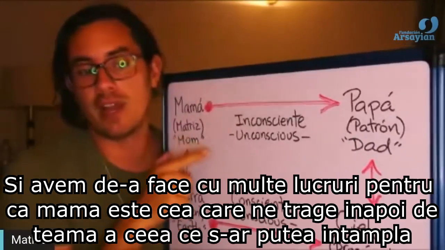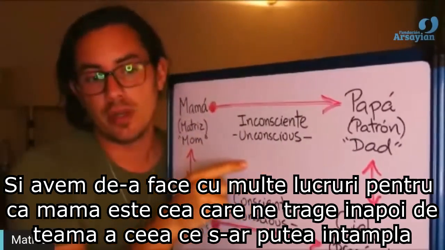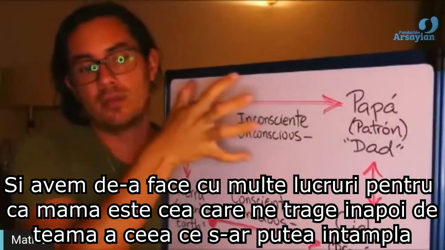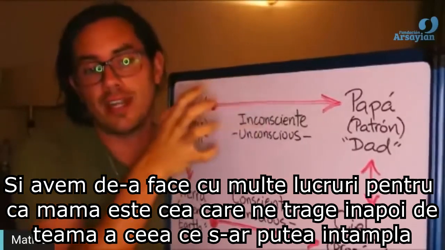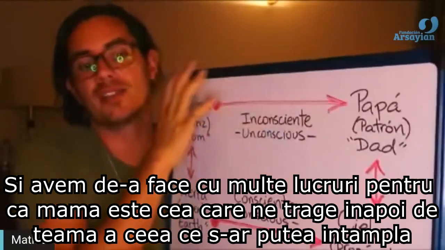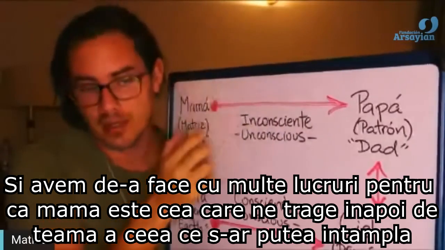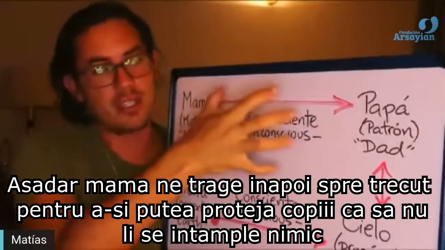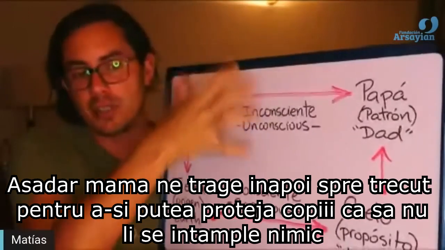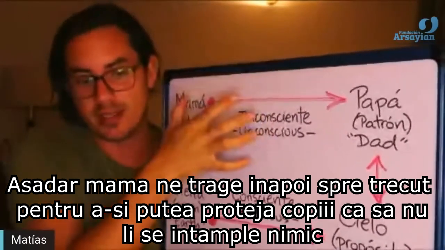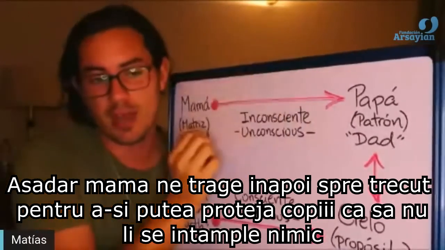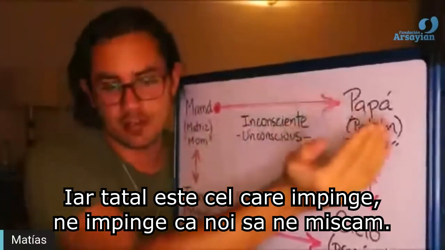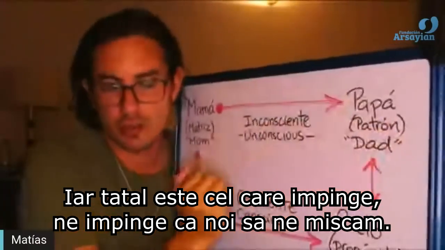So this is why we have a lot of things to deal with, because the mother is the one pulling us back, because she is afraid of what is going to happen, she has to take care of the kids. So the mother is pulling us to the past in order to protect the kids so nothing happens, and the dad is pushing us to move.